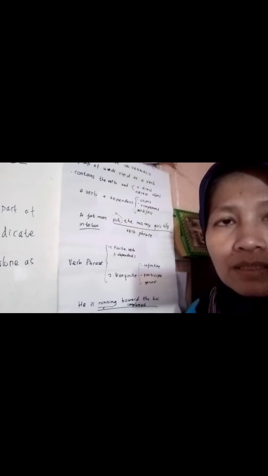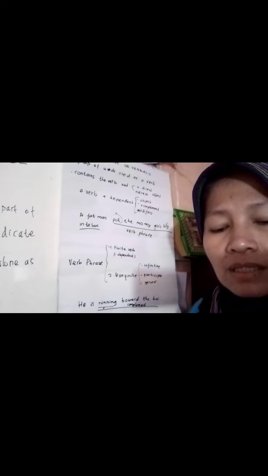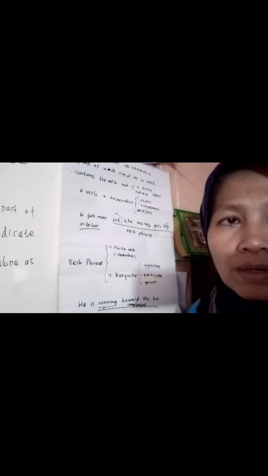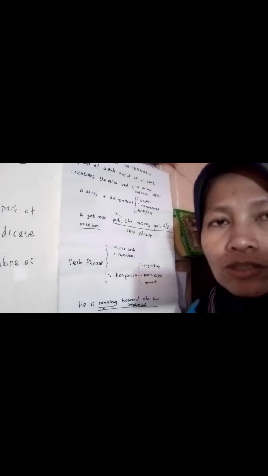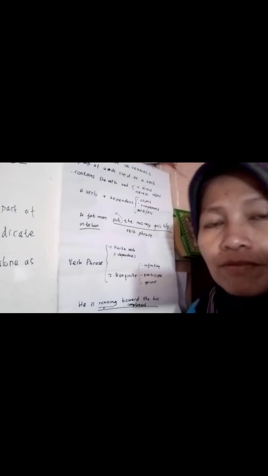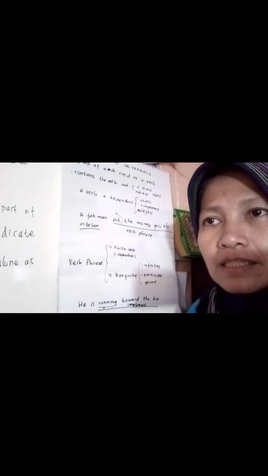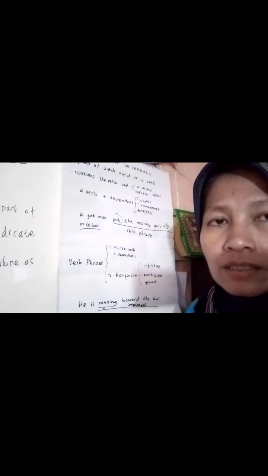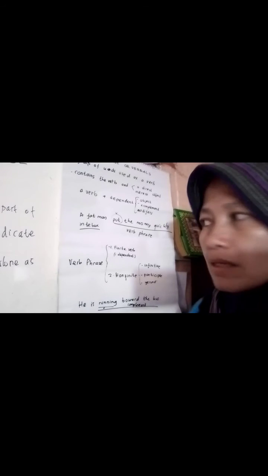Put here includes the verb phrase. Even in traditional English grammar, a phrasal verb is considered as predicate. A verb phrase, for example: he is running toward the bus.